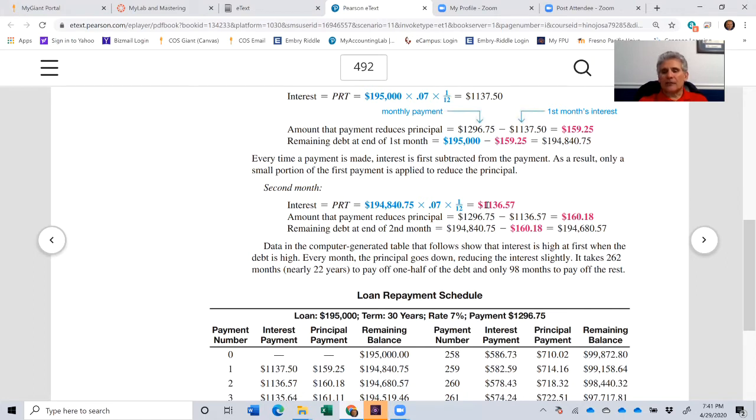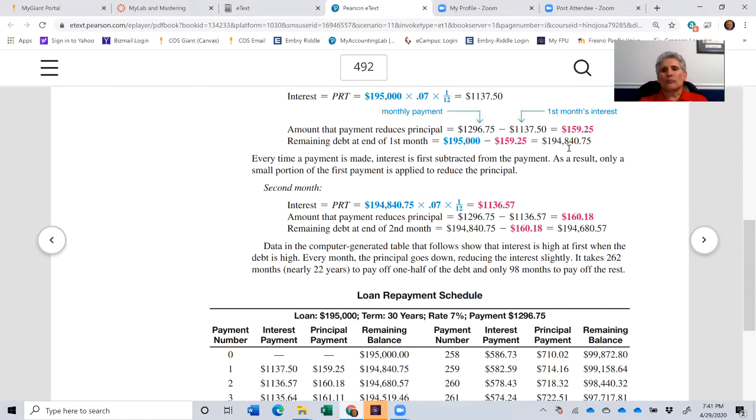It's going to feel like you're just going nowhere on this loan because most of your payments are going towards the interest. But a portion is going towards the principal. So how much? Well, we take the $1,296.75, that's the monthly payment, and subtract from that the $1,136.57, that is the interest portion. That's gone, that disappears. And what gets applied to the principal is $160.18.